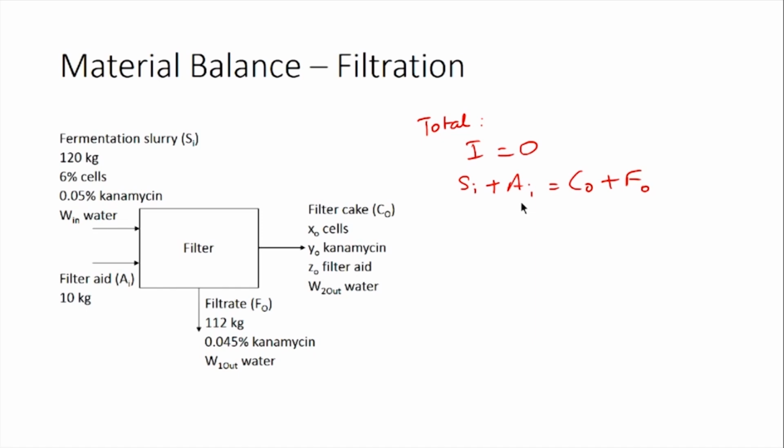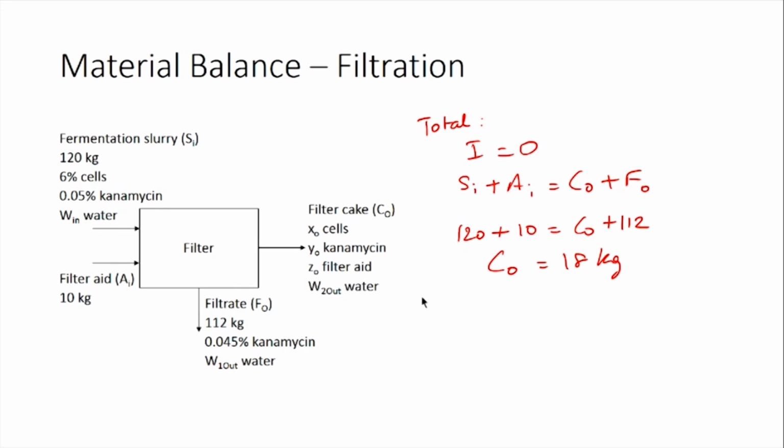We already know the values of Si, Ai and F0. So, 120 plus 10 is equal to C0 plus 112. So, this means C0, which is the filter cake, is 18 kilograms. The mass of the filter cake leaving the system would be 18 kilograms.